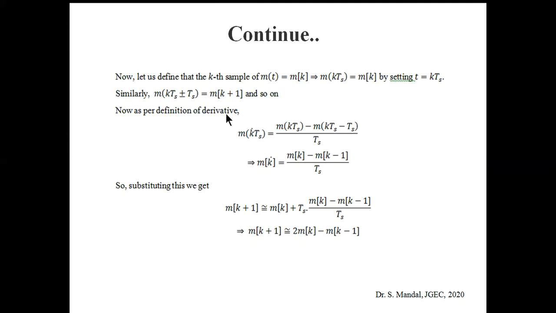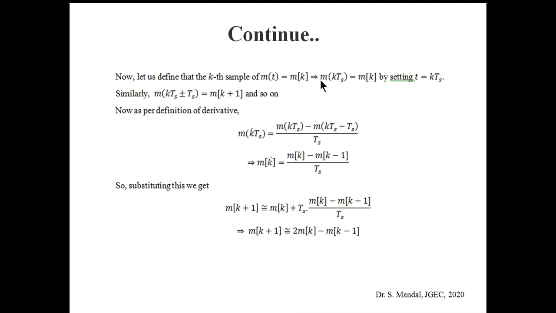Now as per the definition of derivative, dm(kTs)/dt is nothing but the difference between m(kTs) and the previous sample divided by dt, that is, the time difference between two sampling points, which is nothing but the time period. So it can be written as [m(kTs) − m(kTs − Ts)] divided by Ts.